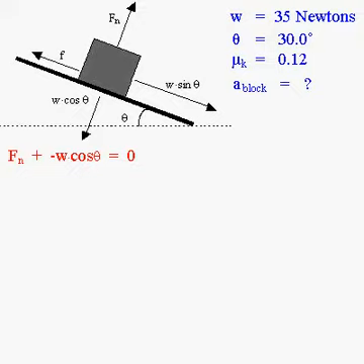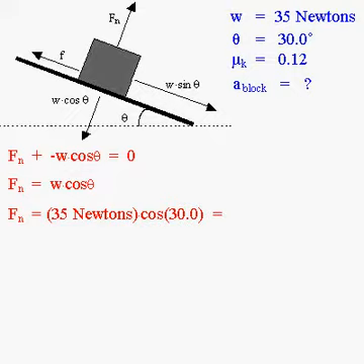Those two forces have to add to zero. Well, that means that Fn equals W cosine theta. And we know W and we know theta, so we can calculate Fn. Fn equals W, 35 newtons, times the cosine of 30.0. That's 3.0 times 10 to the 1 newtons. I have to use scientific notation here because I need two significant figures.